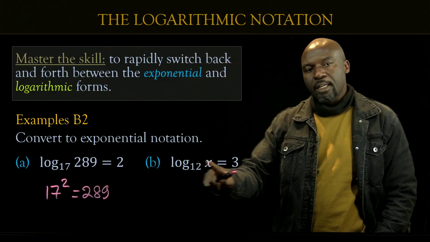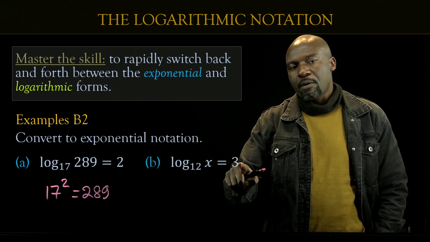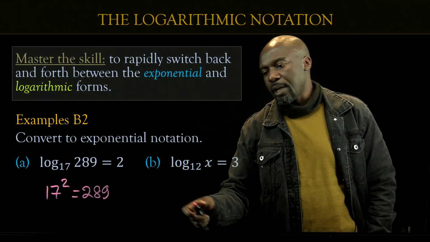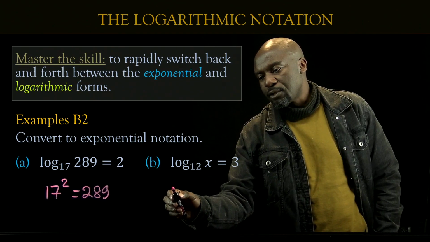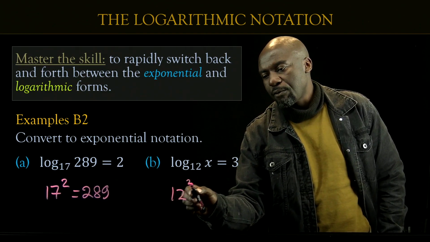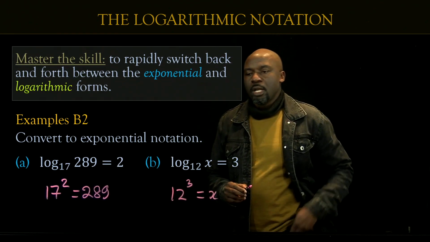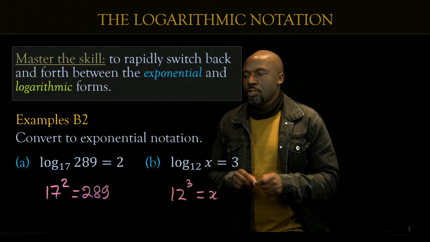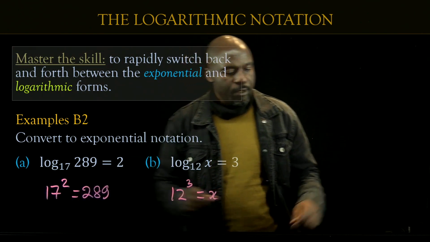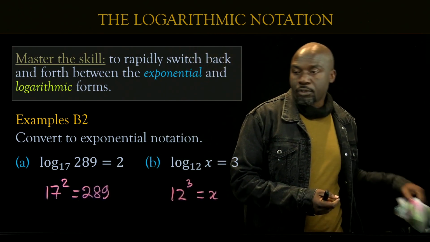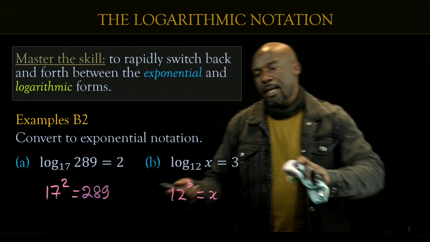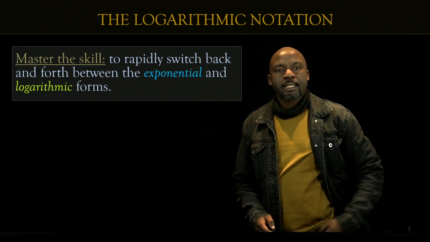All right, similarly, 12 to the power of 3 must be equal to x. So for B, you must write 12 to the power of 3 must be equal to x. We have changed from logarithmic notation to index or exponential notation. Okay, next.